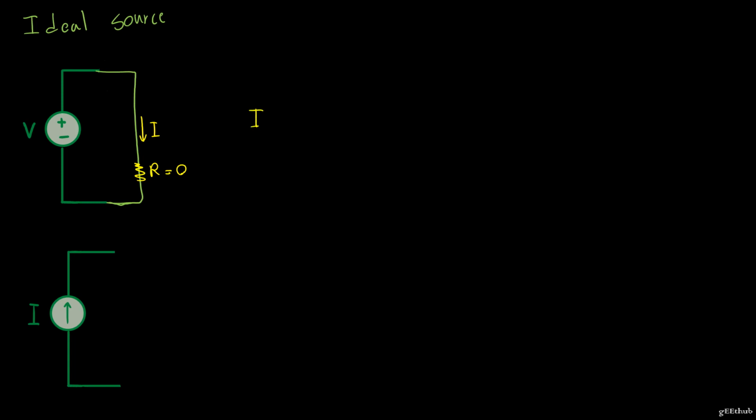So then my I is going to be V over R using Ohm's law, which is also equal to V over 0, which is equal to infinite amps. And my power is I squared R, which is also equal to infinite.